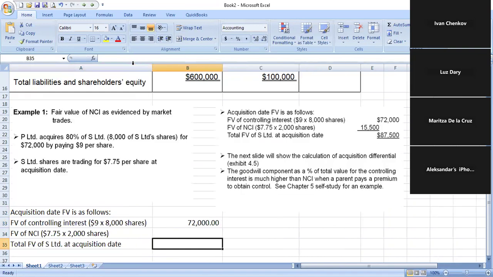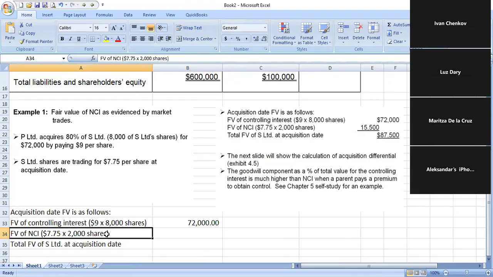Then we're going to have the non-controlling interest. Now the non-controlling interest, as you can see, we're using the fair market value or the trading price of those 2,000 shares.